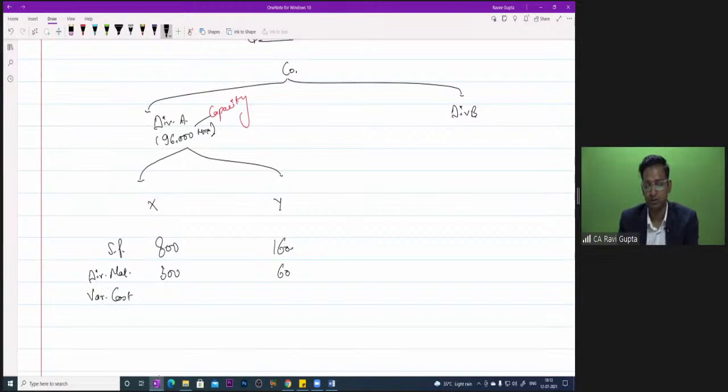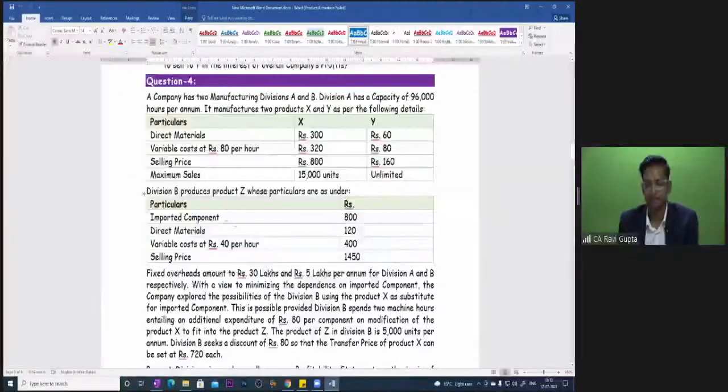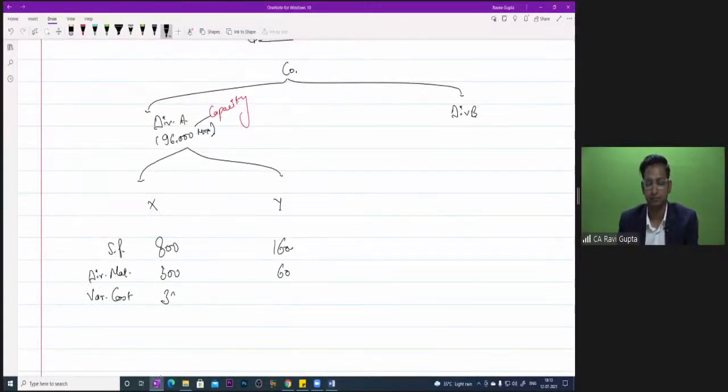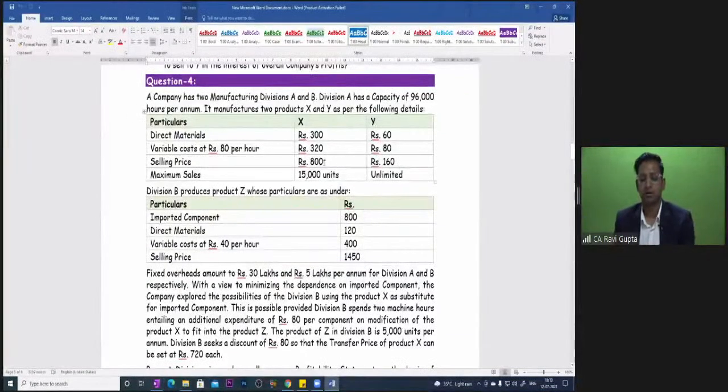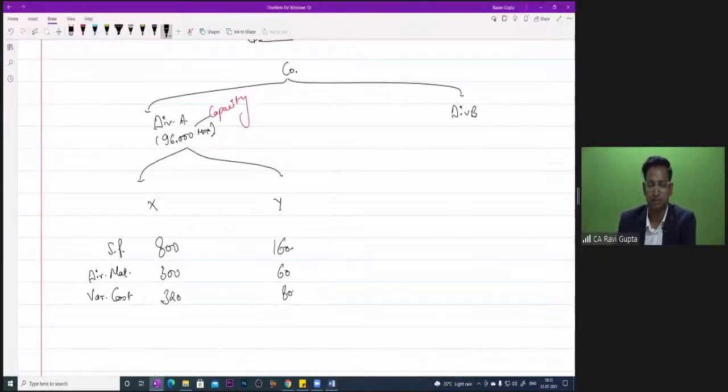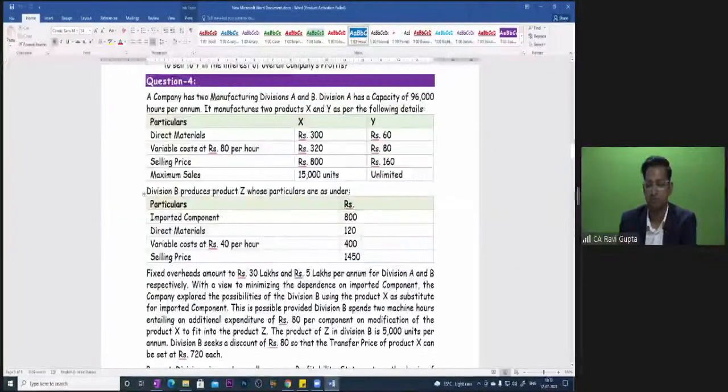Variable cost other than the direct material is 320 and 80. And maximum sales 15,000 units and unlimited. Okay, so we have done this table.